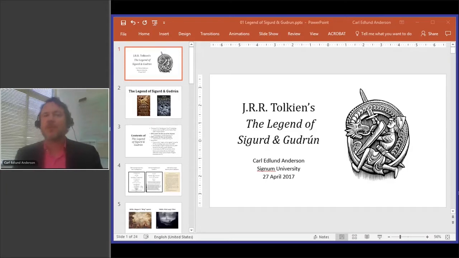That's a little longer gap between the writing of the text and the publication than is normal, but only a little. Anyway, now that we have it, the main features of the book, let me see if I can hopefully get up a slide that shows you a summary of what's in the book there, which hopefully you can see.